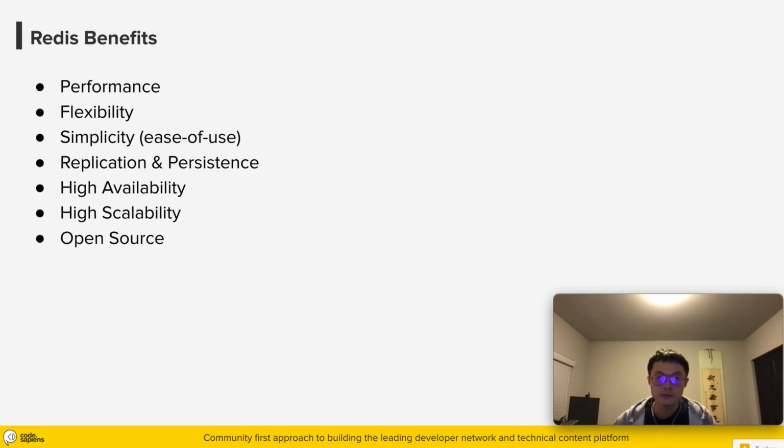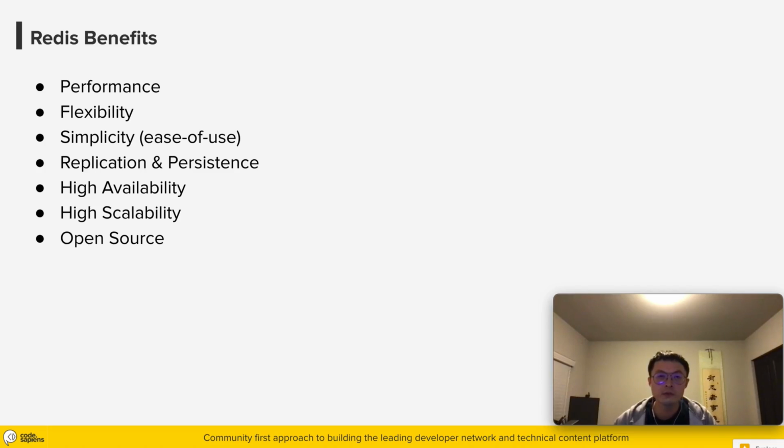Because of this, the in-memory data store can support an order of magnitude more operations and faster response time. The result is blazing fast performance with average read and write operations taking less than a millisecond, and it supports millions of operations per second.